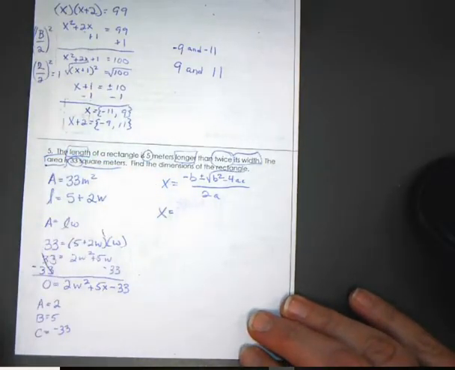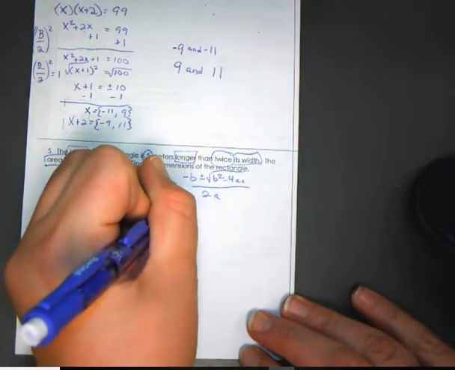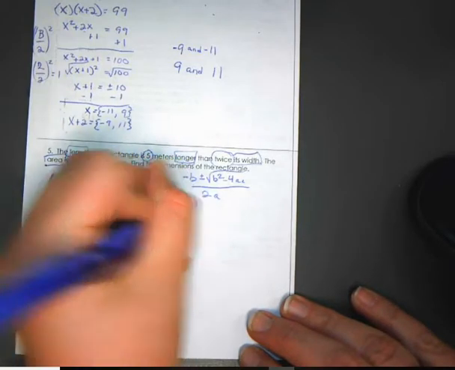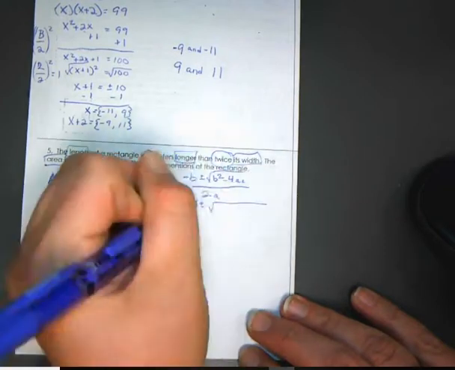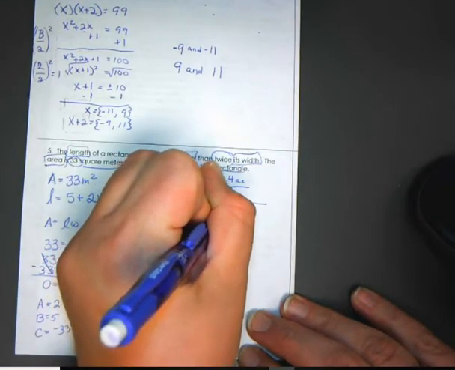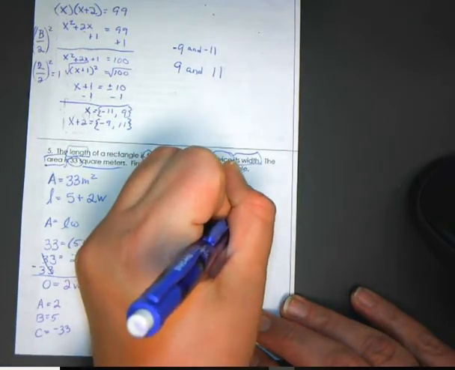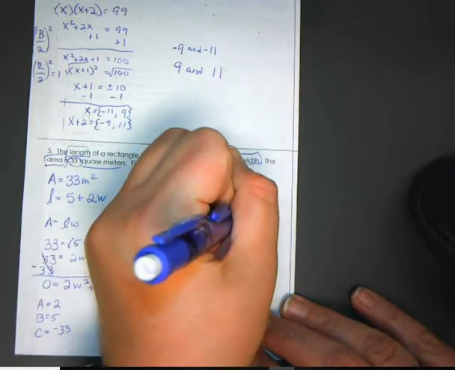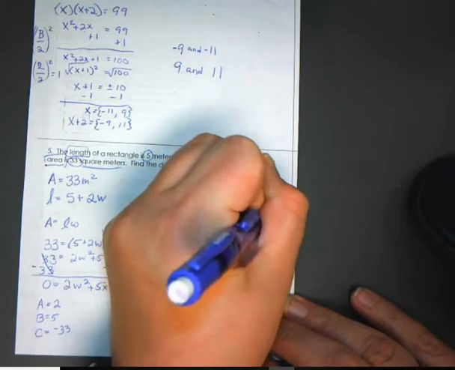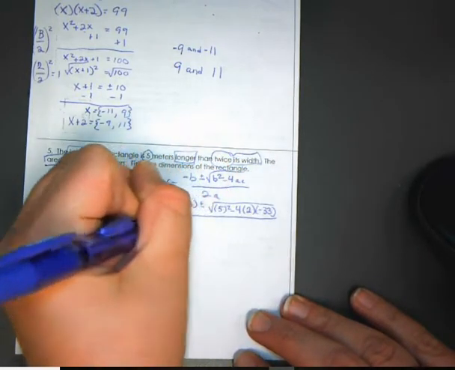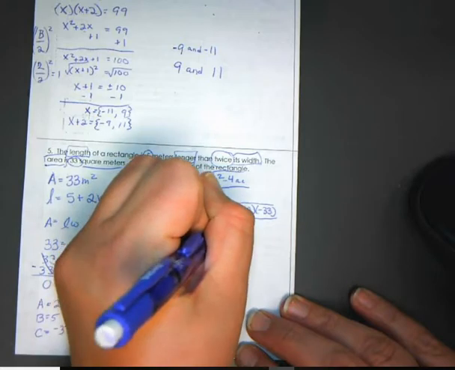So we're going to plug our a, b, and c into our formula. So we have negative 5 plus or minus the square root of 5 squared minus 4 times a, which is 2, times c, which is negative 33. And all of that is over 2 times 2.